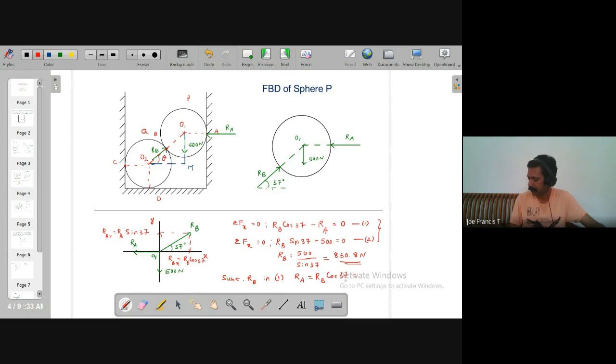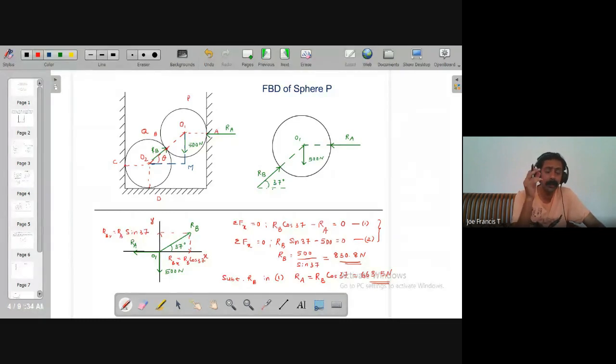I got the value somewhere around 663.5 Newton. So that is RA. So you got both RB and RA. Once you find RB and RA, you can move on to the next sphere, which is sphere Q.